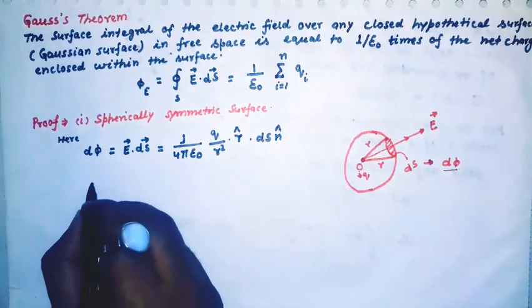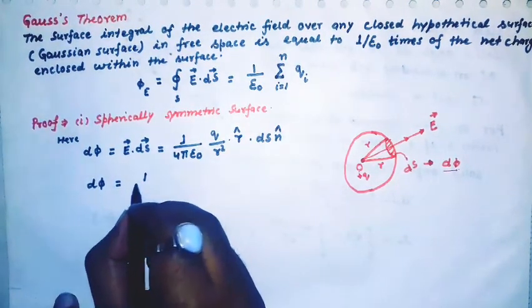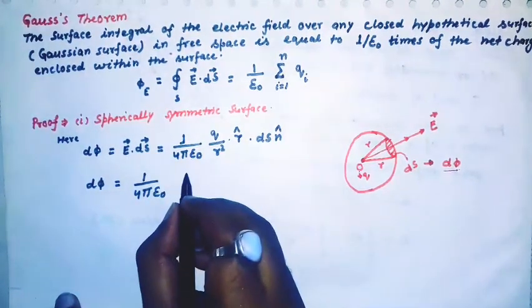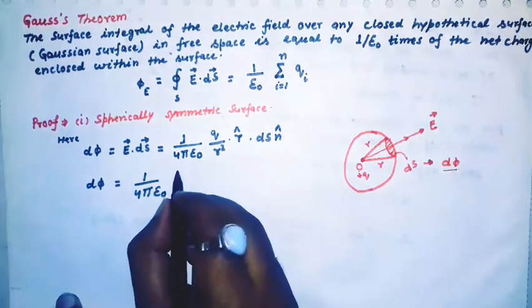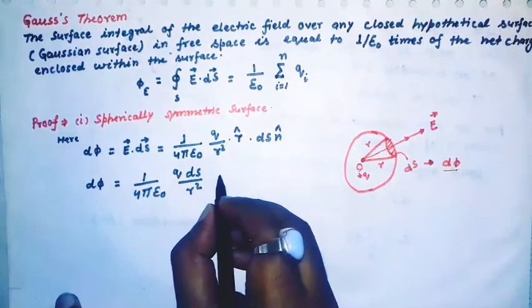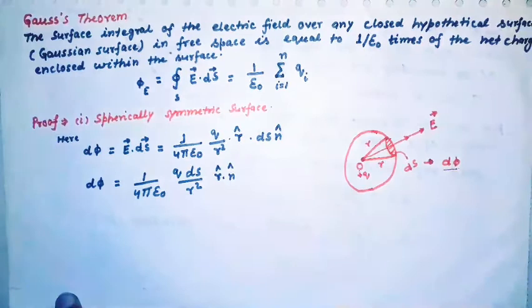So d phi equal to 1 upon 4 pi epsilon naught. We are just rewriting it as q ds by r square times r cap dot n cap.